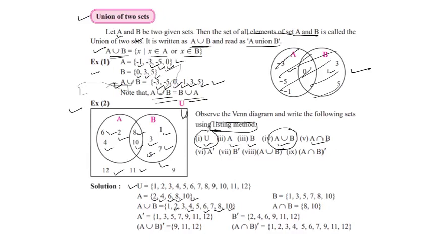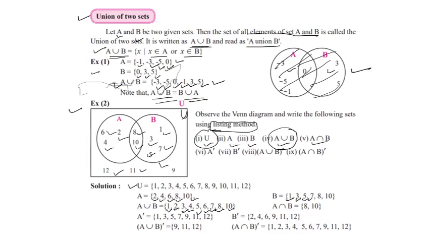All elements of A are present in A union B. Now see the B set. 1 is there, 3 is also there, 5 is also there, 7 is also there. And 8 and 9 are already there, therefore we cannot write them again because repetition is not allowed. Therefore A union B contains these elements.